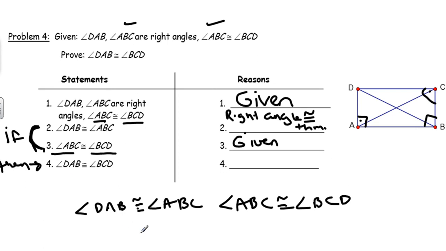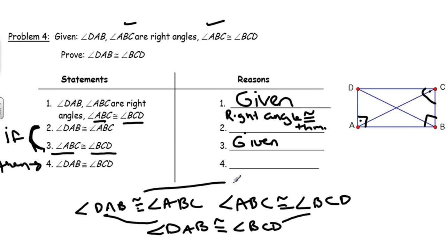We are left with our then, which is angle DAB congruent to BCD. So we kept our first terms, kept our last terms, and we lost all these in between. And the two middle terms are the same back to back. It's called the transitive property of congruency.